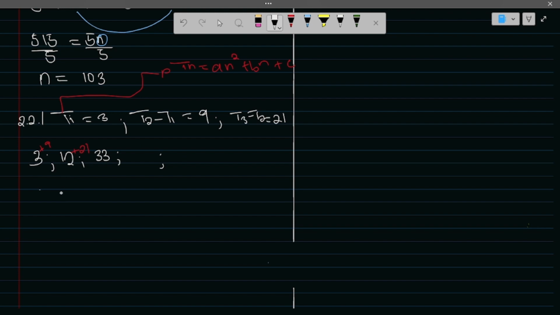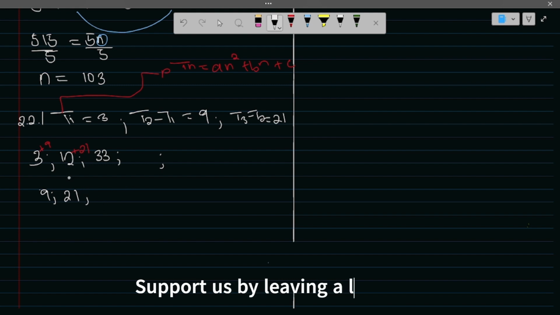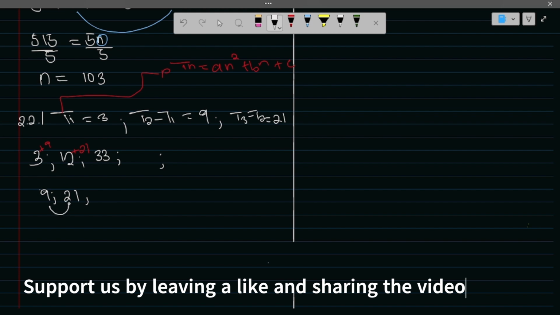So now let's write all the differences down. It's going to be 9, 21, and then dashes. We know that the second difference in a quadratic pattern is a constant difference. So 21 minus 9 is equal to 12.